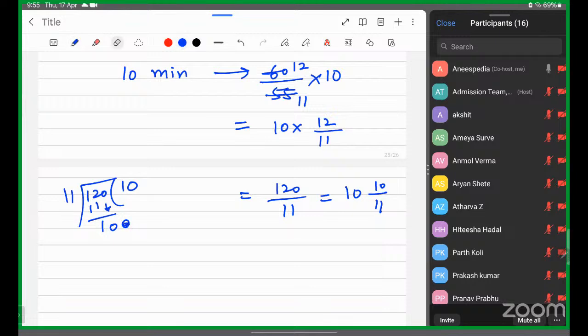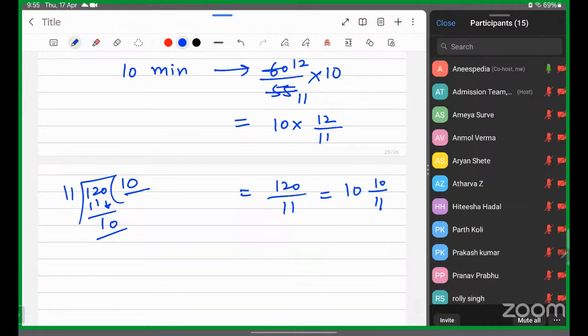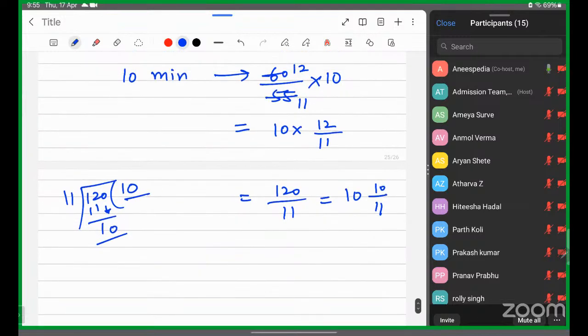Or let me write it in fraction. So this will be what? 10 and 10 by 11. Which means to gain 10 minutes, it has to travel 10 and 10 by 11 minutes. So the hands will coincide after 2 o'clock and 10 and 10 by 11 minutes.